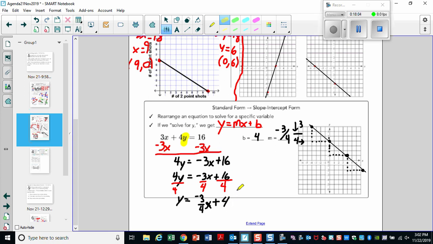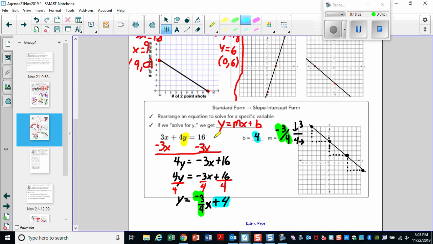So now we have our equation in the form y equals mx plus b, where b is 4, and m is negative 3/4. So we accomplished our goal by getting our y-intercept and our slope. So the slope, negative 3/4, y-intercept, positive 4.